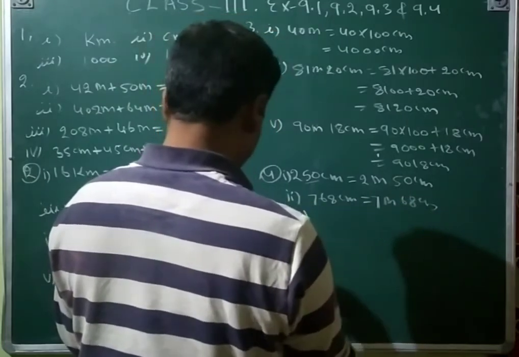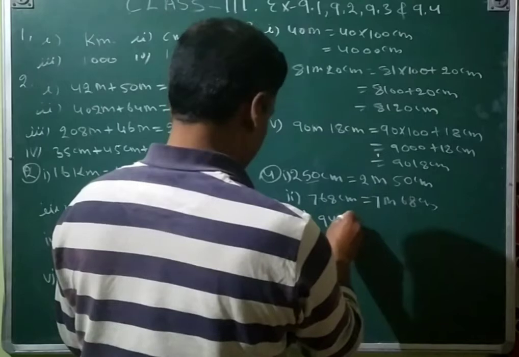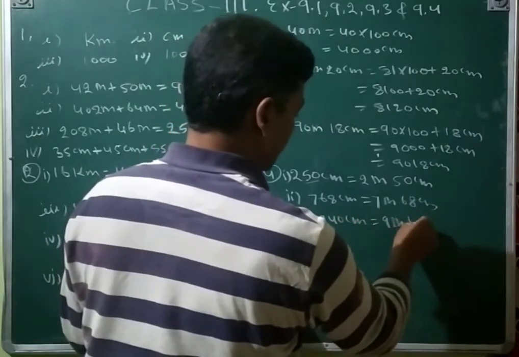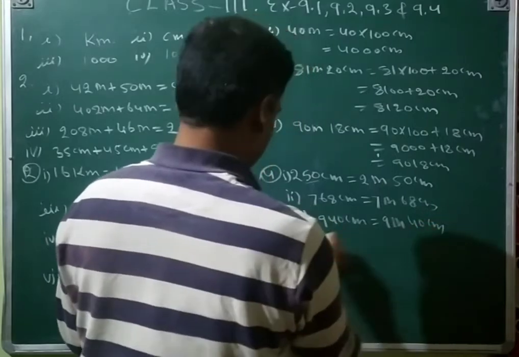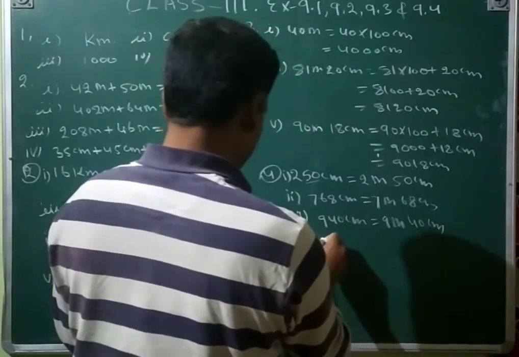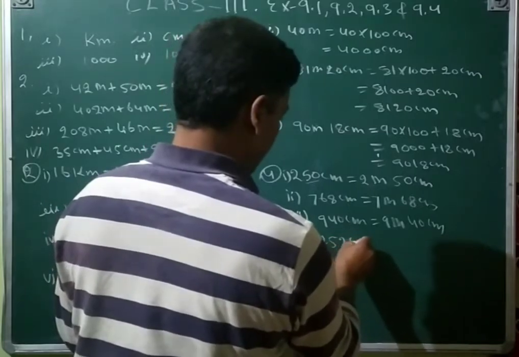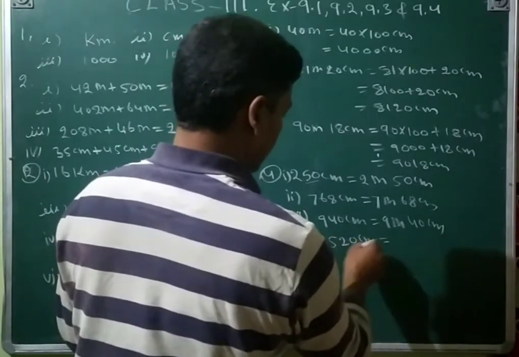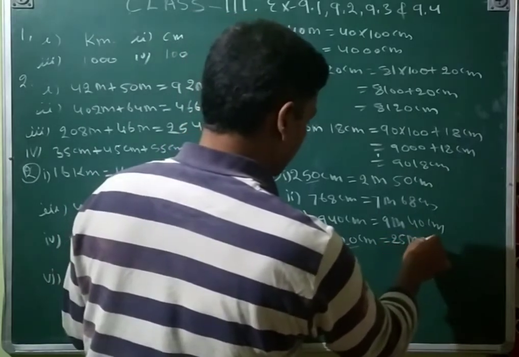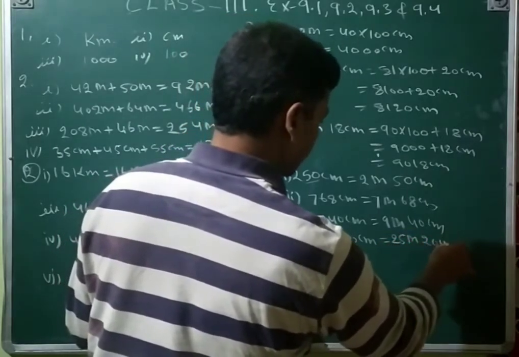Third part, 940 centimeter is equal to 9 in meter and 40 in centimeter. And then fourth part, 2520 centimeter. So the last two digits will go in centimeter, the other in meter.